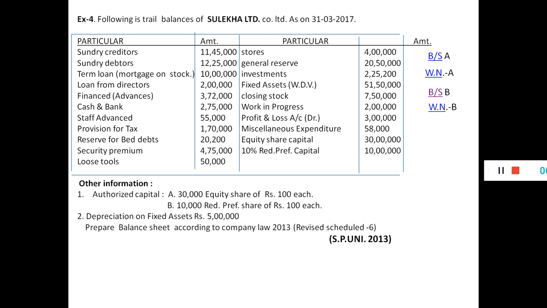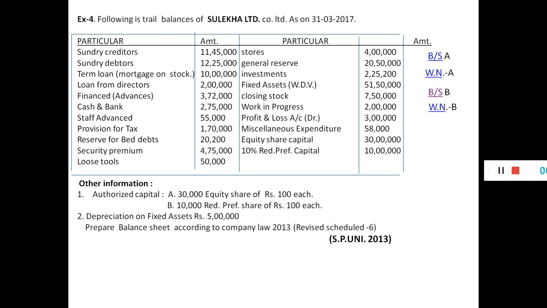Next, cash and bank, 2,75,000 will be shown under the note of 19, cash and cash equivalents. Staff advance should be shown as other current assets, Note number 21. Provision for tax, it will be shown in the balance sheet under the note of 11, short-term provision.